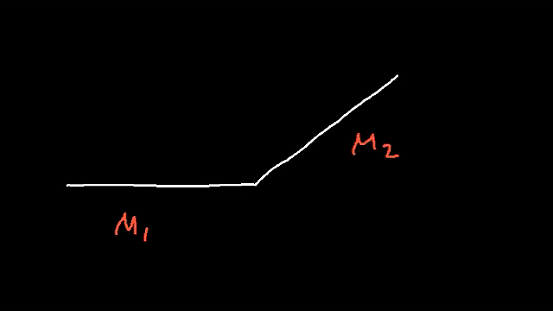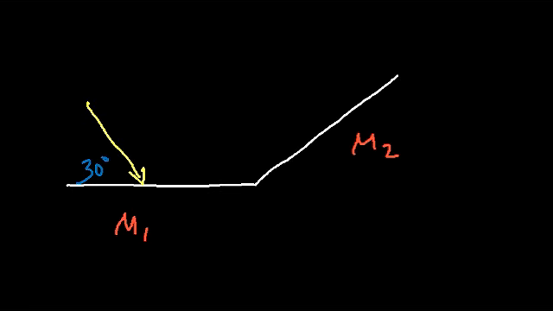Now let's work on a few practice problems. So let's say this is the first mirror and we have another mirror. I'm going to call this M1, M2. And in addition, we have a light ray that strikes the mirror at a 30-degree angle.